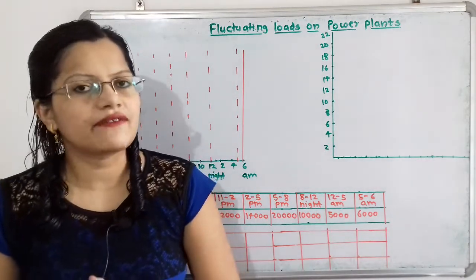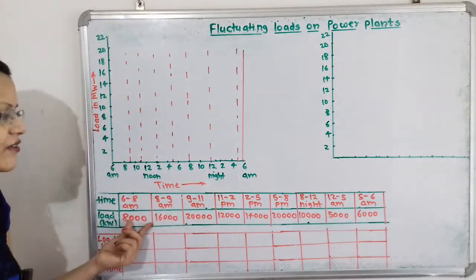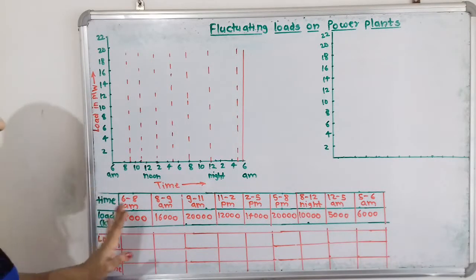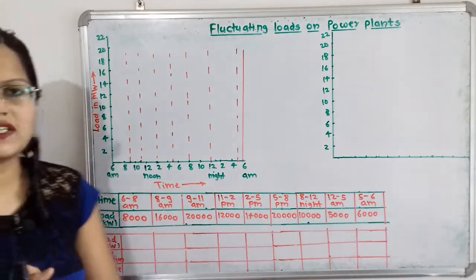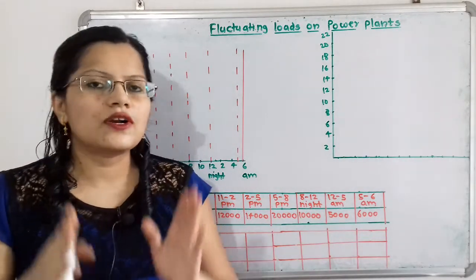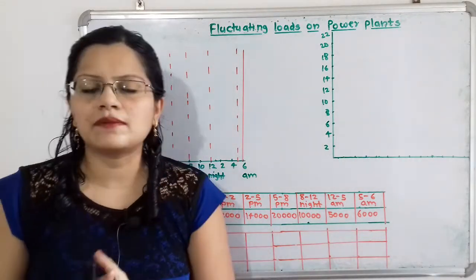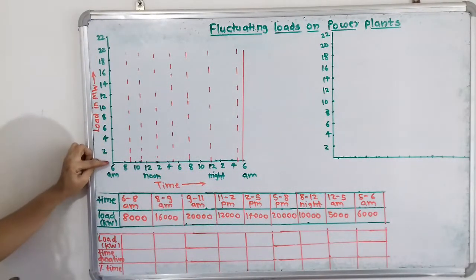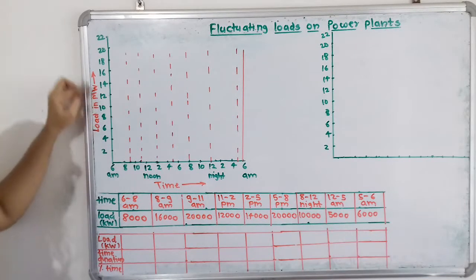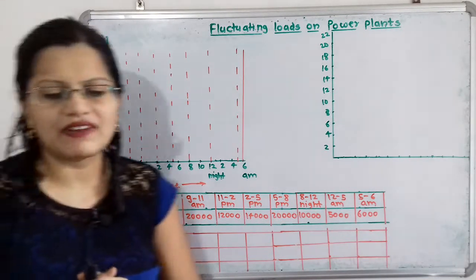Load is given in kilowatt, so we will convert this into megawatt. Minimum load is 5,000 and maximum is 20,000, that is minimum load is 5 megawatt and maximum load is 20 megawatt. So we will make the partition from 0 to 2, 4, 6 up to 22. On this vertical line the load is in megawatt.